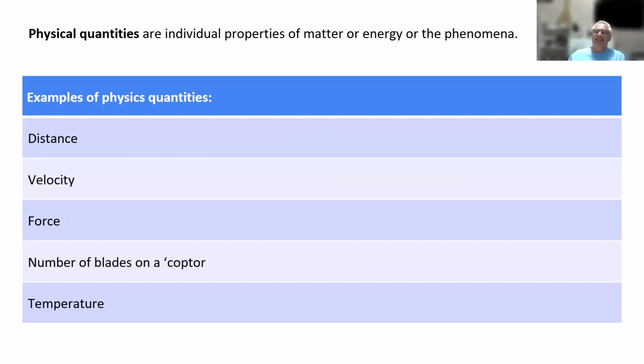And then physical quantities. Again, from the glossary, physical quantities are individual properties of matter or energy or the phenomena. And my mind gets blown at that point. But here are the ones that we think are kind of appropriate to NCEA level 1: distance, velocity, force, number of blades on a copter, and temperature.